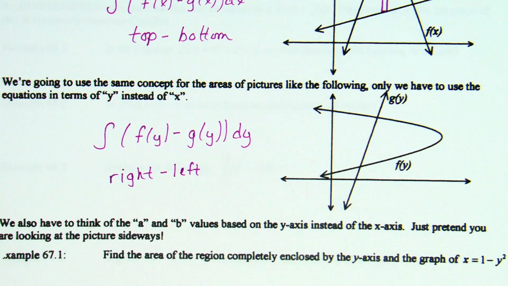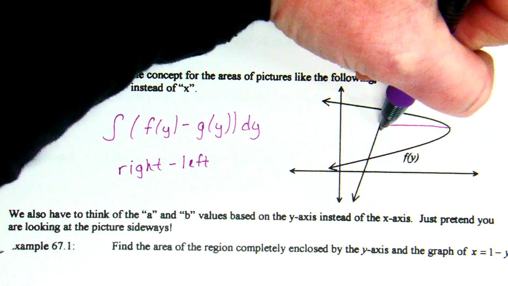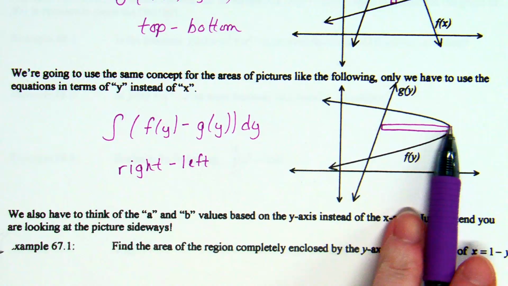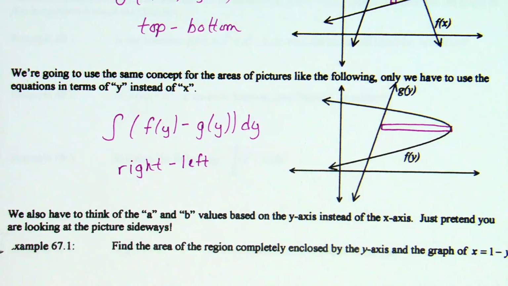One other note here. For picture's sake, that bar I had drawn up on the previous one, because I'm going the distance from the right to the distance from the left, is now this horizontal bar. And that's just indicating we're going to be in terms of y. When you set your boundaries, normally, if we're working in terms of x, our boundaries are x values.